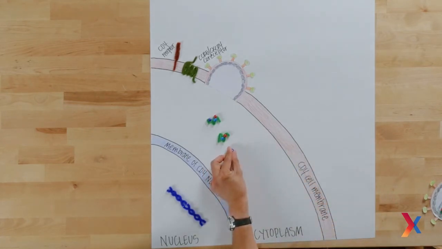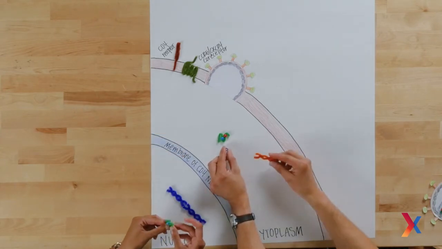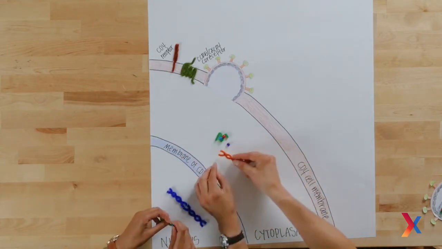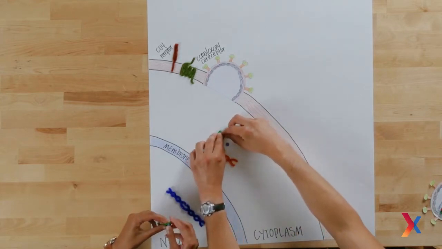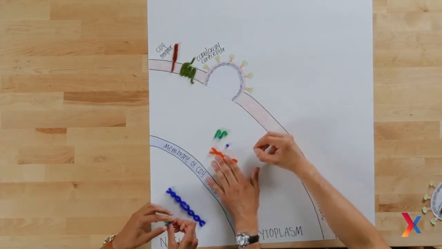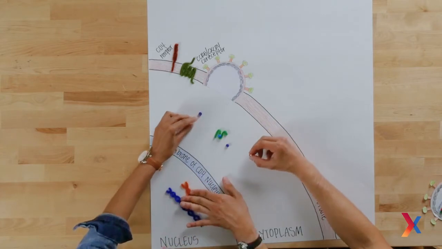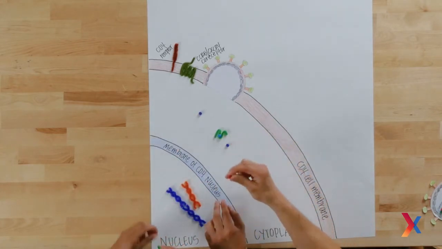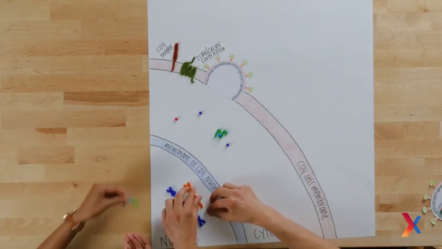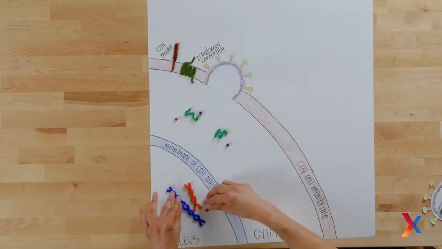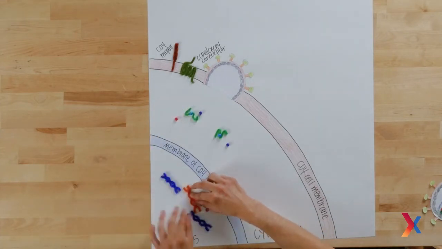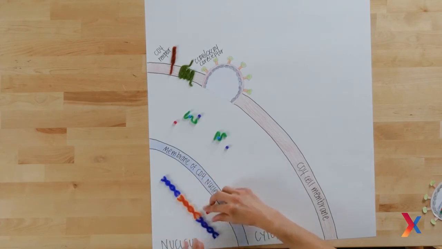Reverse transcriptase takes this RNA and turns it into DNA. That DNA is then transported inside of the nucleus, and with the help of this red protein it also brings along, known as integrase, it, as the name implies, integrates that piece of DNA inside of the genome.